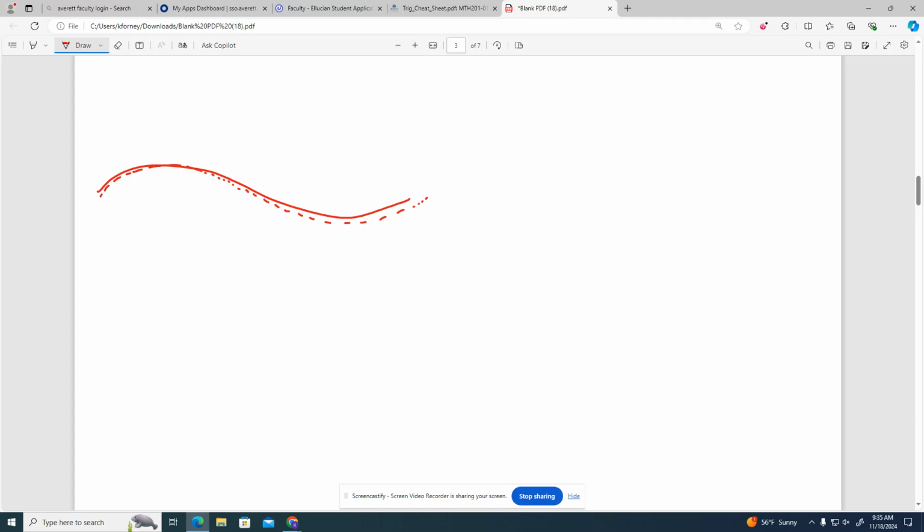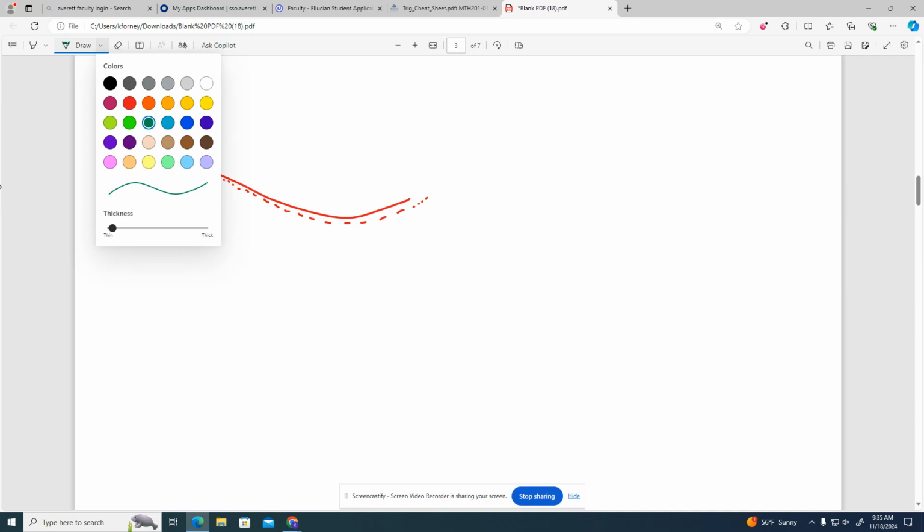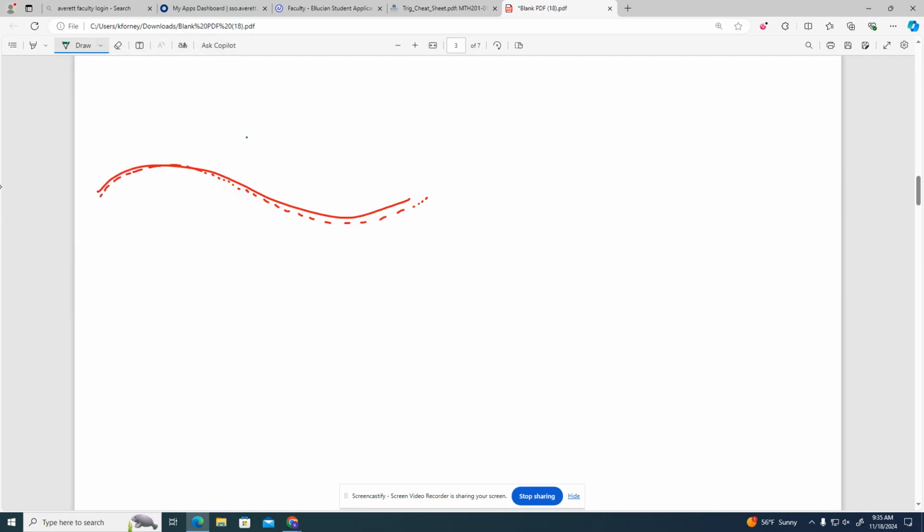Whereas the first derivative tells us where our graph switches from increasing to decreasing. So just sketching this, my first derivative is going to tell me where it switches from increasing to decreasing, right? And then again, from decreasing to increasing.